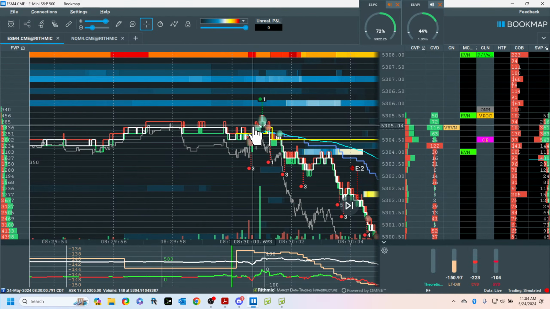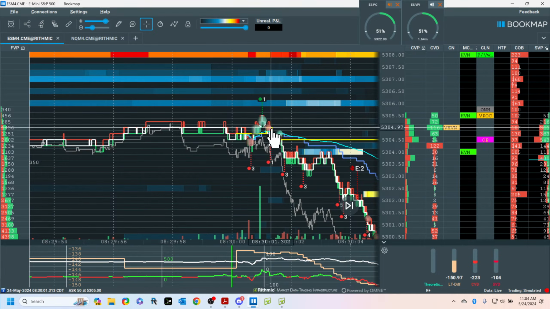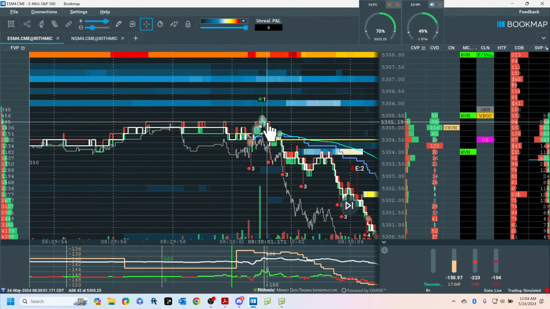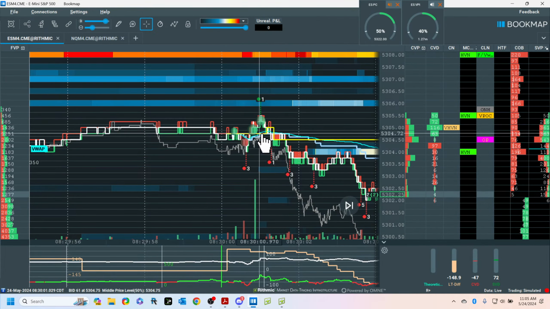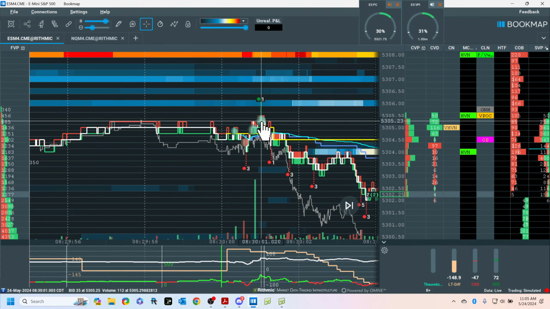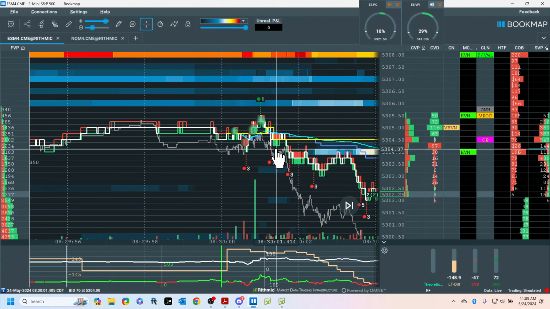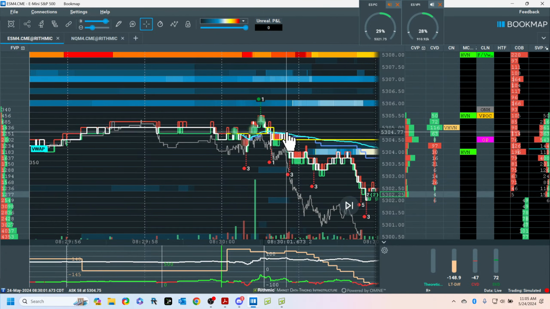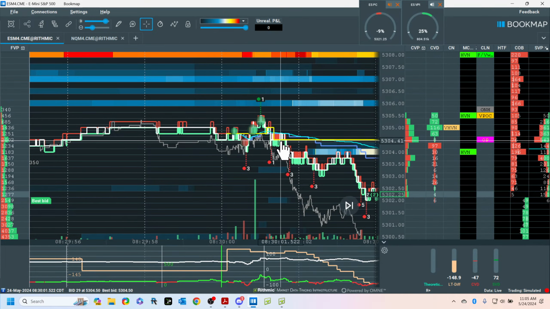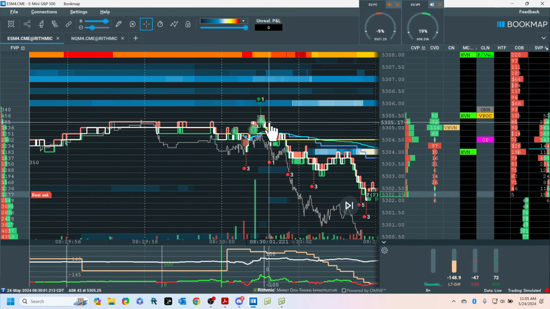Okay, right here. What do I get? Buyer, retail, break. See how subtle this is? And the volume point of control moves down. I'm in minutia. This will make you nutty, but I want to show you what you can do with Bookmap.